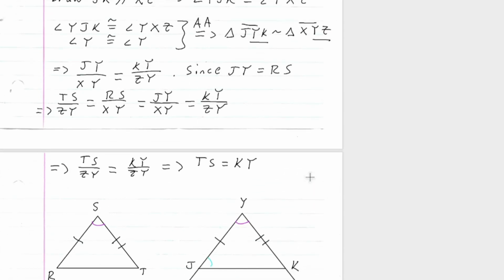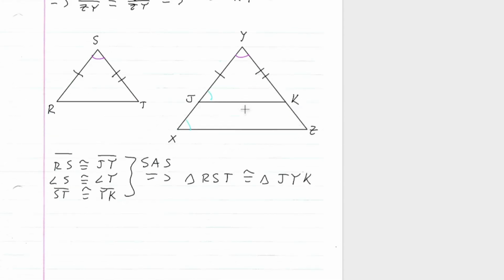Now, remember, we proved that triangle JYK was similar to triangle XYZ, right? And we have that triangle JYK is congruent to triangle RST.